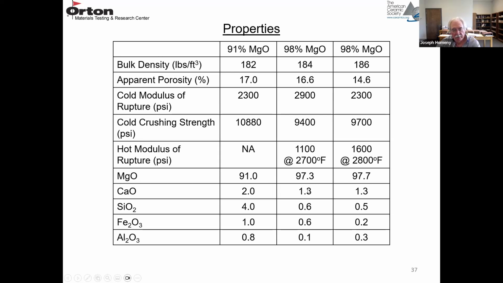And so these two have a lime to silica ratio greater than 2. So that's why they're suitable for high temperature applications. And the higher the purity, the lower the amount of all of these impurities. But 1.3 divided by 6 and 1.3 divided by 5 is going to be greater than 2.